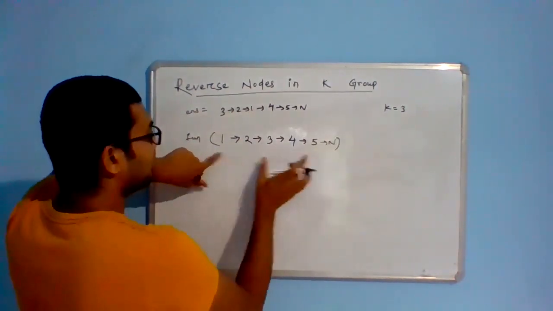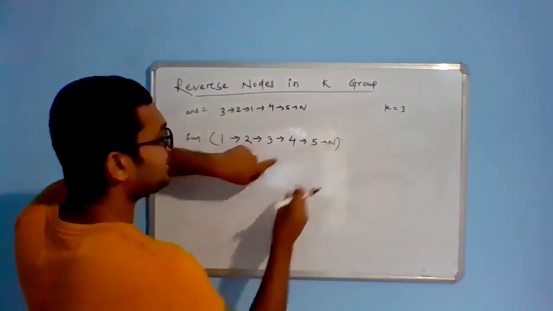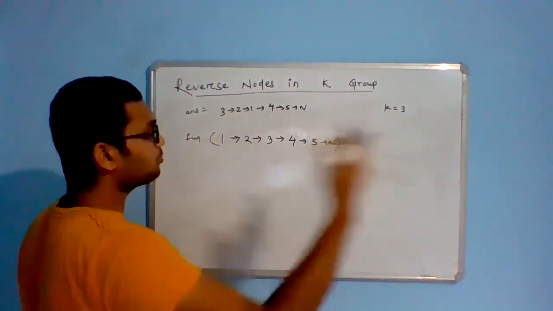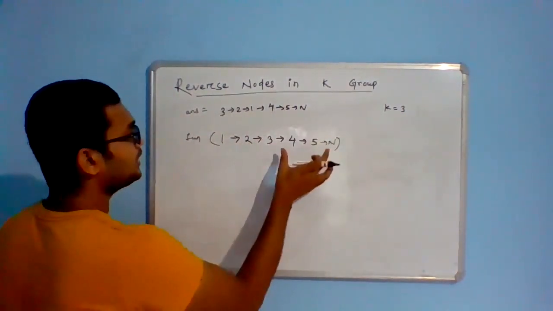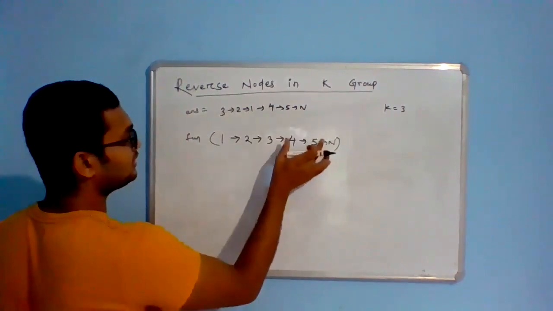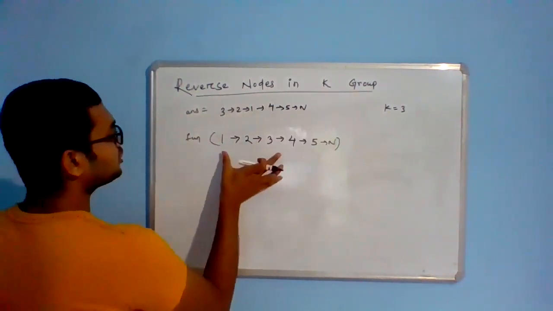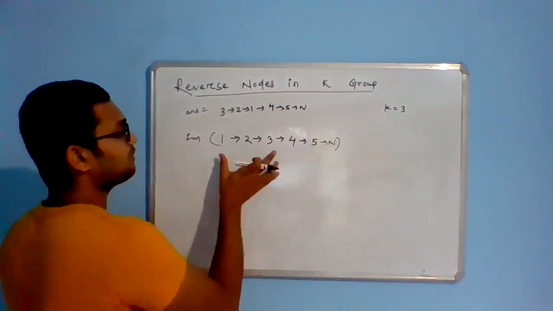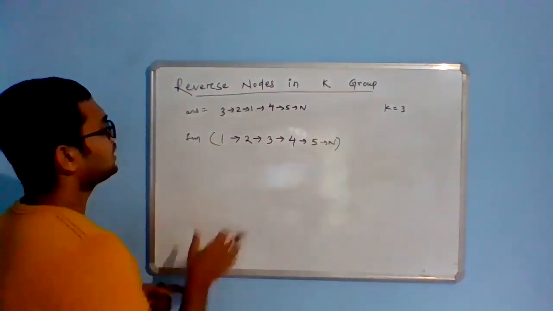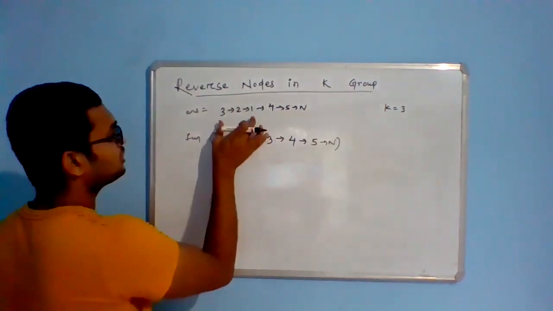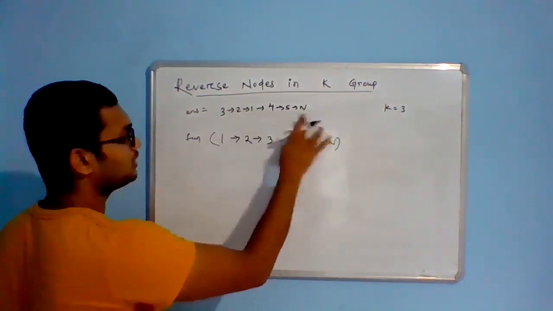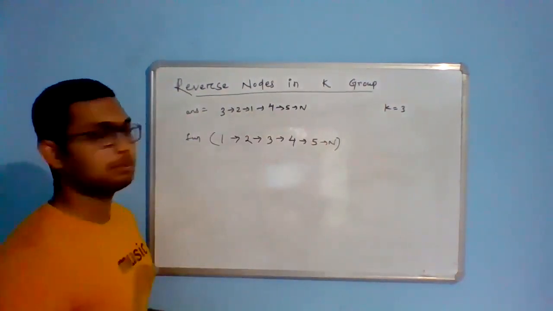That is why whatever sublist remains at the end of this linked list will be used as it is. As you can see, we haven't reversed this sublist. We only reversed 1, 2, and 3, since this has exactly k size. So we have reversed this sublist and we haven't touched the other one, right?